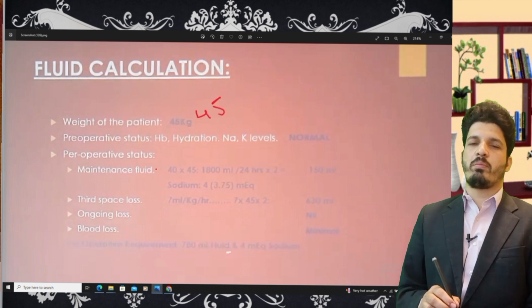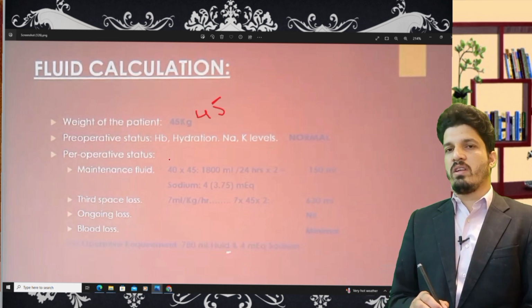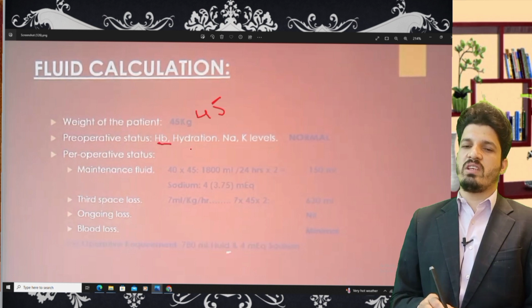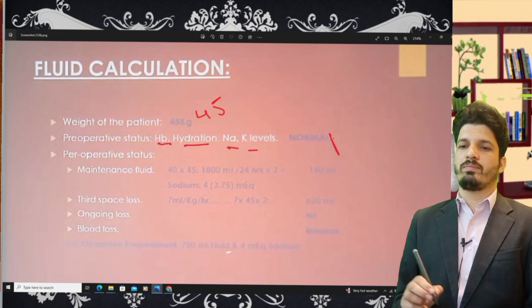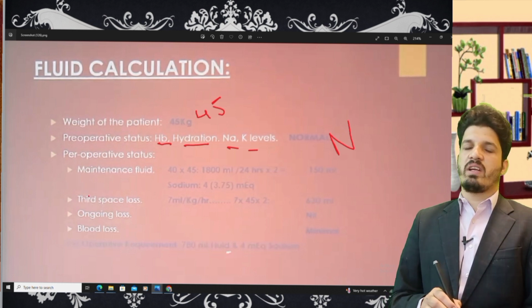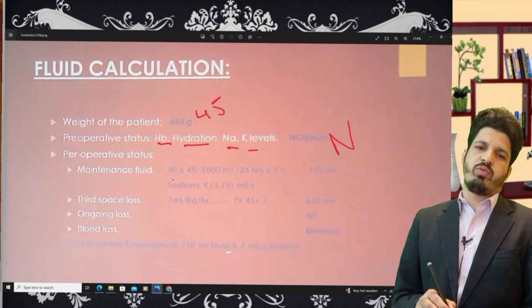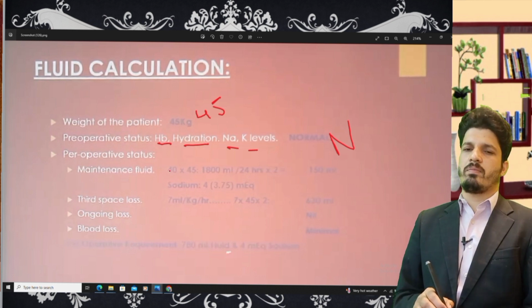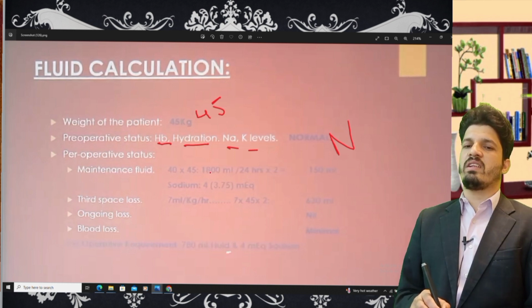Okay, and the pre-operative status of the patient, in which we look at the Hb level, the hydration, and sodium and potassium, is normal. Okay, and the per-operative maintenance fluid is 40 into 45, the weight is 45, and the value comes out to be 1800.